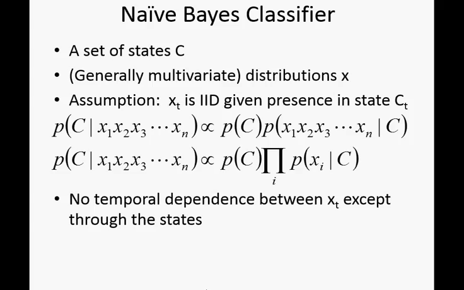And there's further an assumption here, and this is very important for understanding the distinction from hidden Markov models, that there's no temporal dependence between the x's, these vectors, at a given time, except through the states. And I've been sloppy in my notation here. Really, I should superscript the t to indicate this is a vector at a certain time, and each of these are the subcomponents of the vector at that specific time.